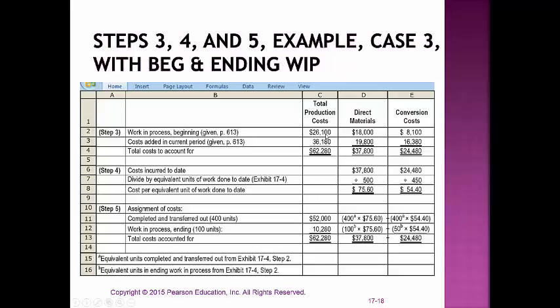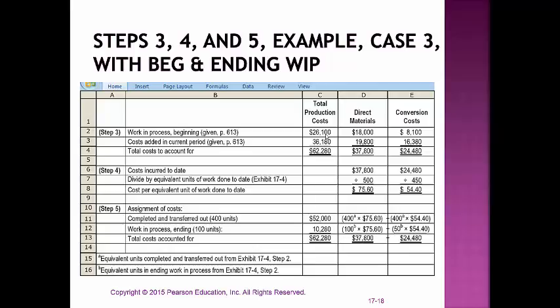Now again, we're doing the weighted average method here, okay? So we're basically going to just lump all these costs together, use our equivalent units, and calculate our cost and divvy everything up. Okay, it's pretty easy. It just throws everything together.